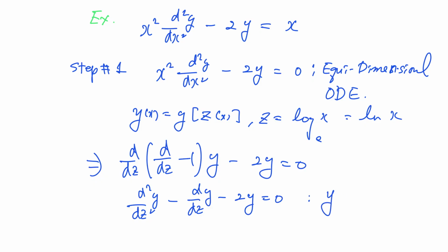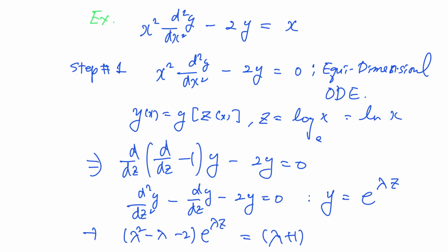And for y, we can use the trial solution e^(λz). And then (λ² minus λ minus 2) e^(λz), you can factorize λ² minus λ minus 2. It can be easily done, right? That's a middle school problem. (λ + 1)(λ minus 2) e^(λz) is equal to 0, right?